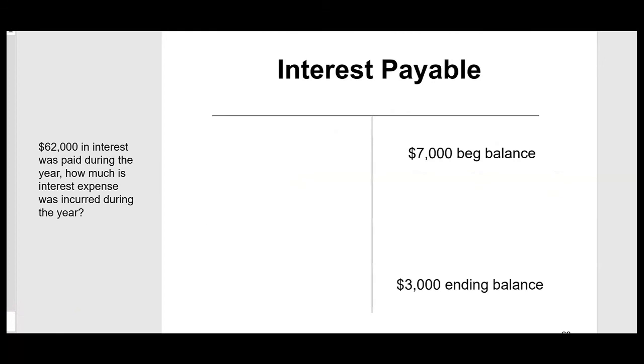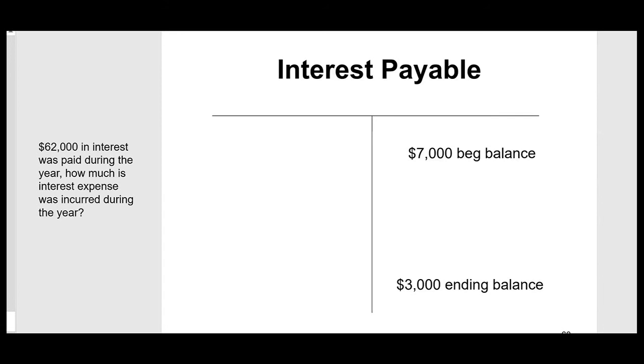All right, let's look at the T account. So we started with $7,000 at the beginning, and the ending balance is $3,000. So we have a $4,000 drop in interest payable. That means we paid more in interest than what was incurred. Because when payables go down, why do they go down? Because cash went down.